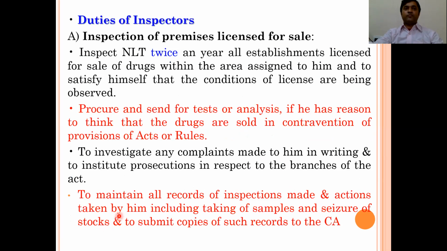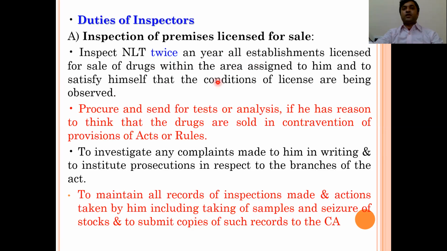Coming to the duties of the inspector: inspection of premises licensed for sale. The inspector has to inspect, not less than twice a year, all the establishments licensed for sale of drugs within his concerned area.